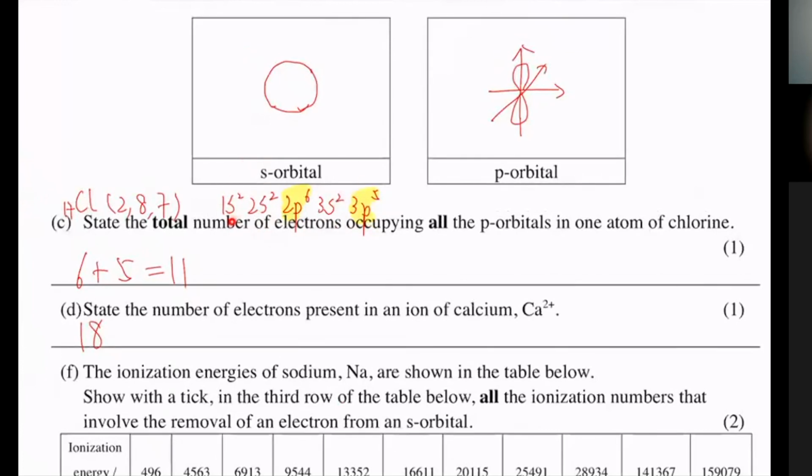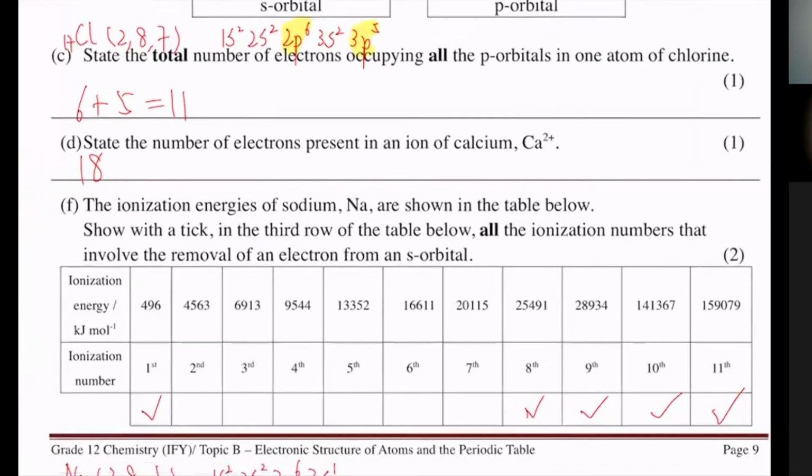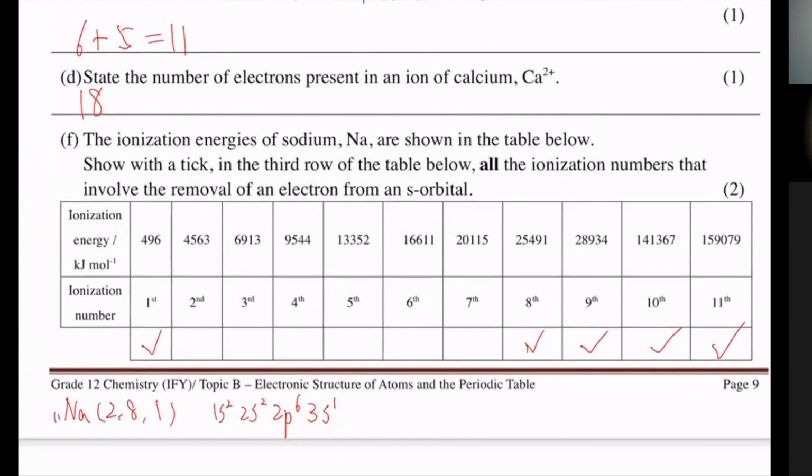This part. Yes. Okay. So the question asks you to state the total number of electrons occupying all the p orbitals. Okay, p orbital doesn't say whether it's 2p, 3p, 4p. Okay, I understand now. But F I really don't understand. Okay, so F, I believe you are okay up to this one.